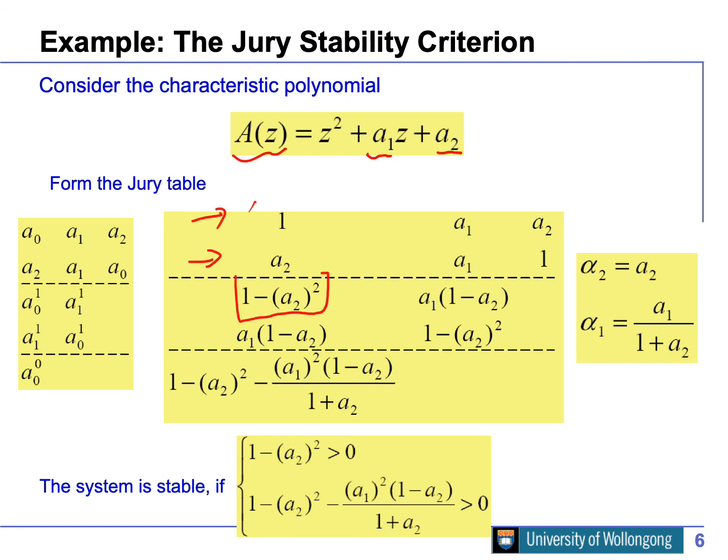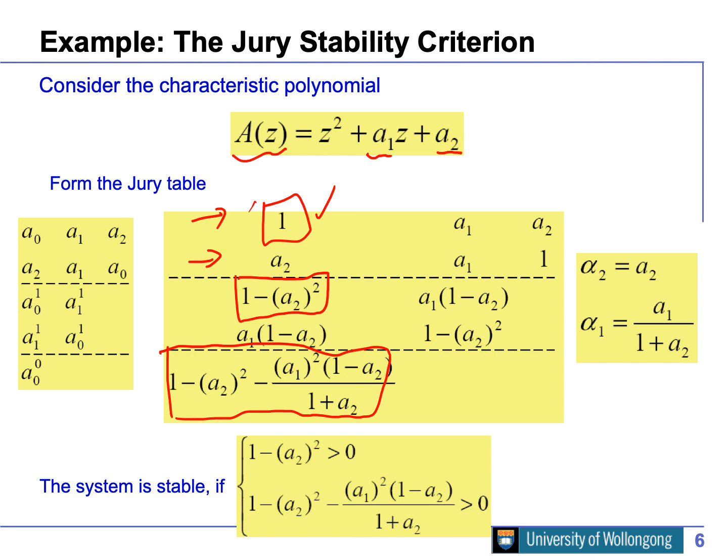You end up with these first numbers in each section, and we have to make sure these three numbers are all positive. The first one is always positive. So you get a range of A2, A1 suitable for a stable system.